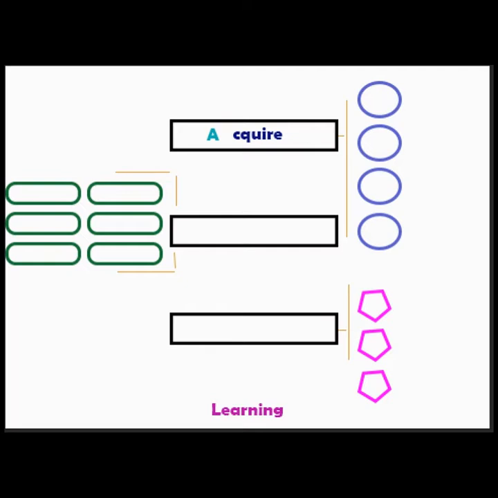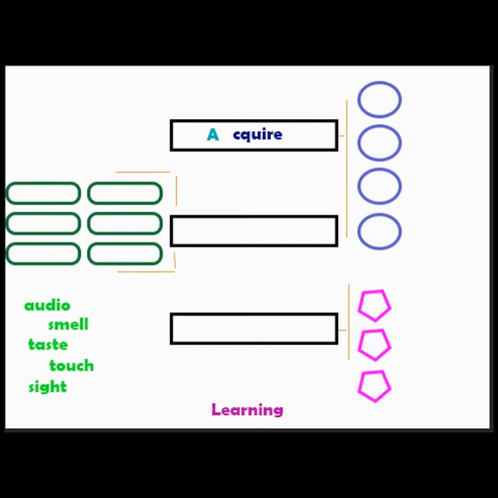Now, perhaps I acquire it through my 5 senses, which are these. I'm going to acquire it through audio, which is how I hear, smell, taste, touch, and sight, or the visual medium.